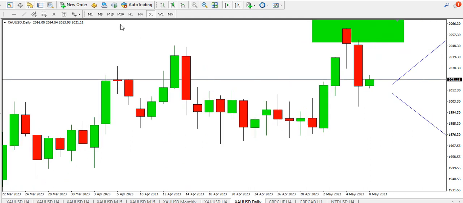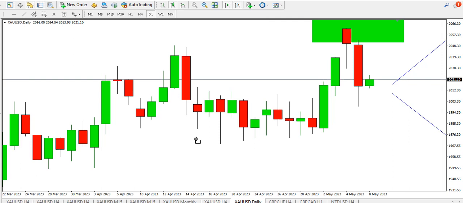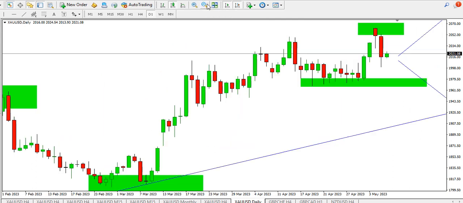Zooming out, in as much as this low is yet to be broken, the buyers on the daily time frame are still in control. I'm talking about the 1969 area. The 1969 area is still protected. The buyers are still in charge.